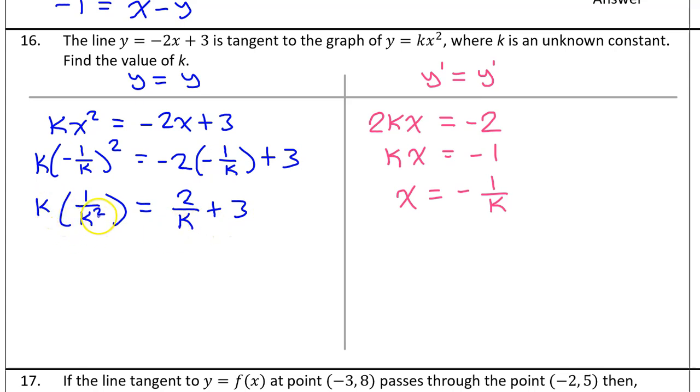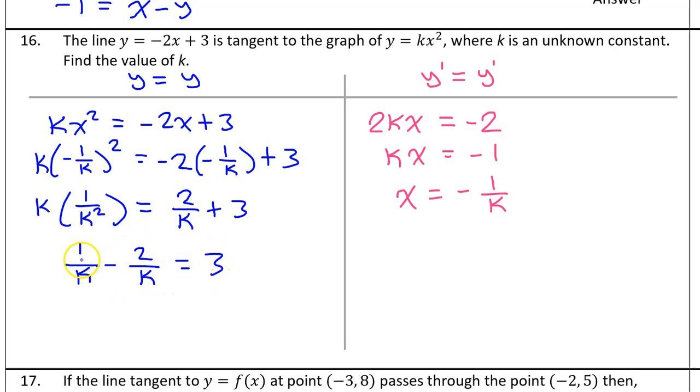This k is going to cancel out one of these k's. So on the left side, we are going to have 1 over k is equal to, should we go ahead and subtract these? I'm going to go ahead and subtract 2 over k from both sides.